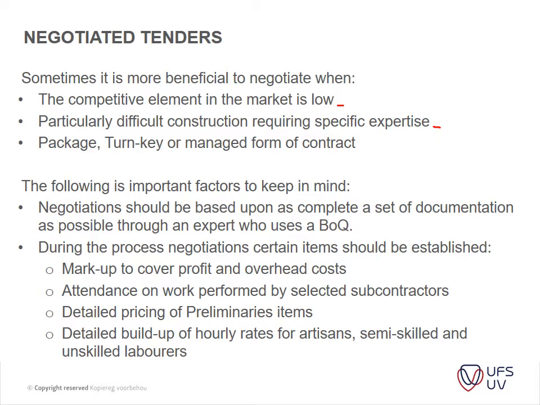Some types of contracts that you get are package contracts, or turnkey, or management contracts. This is usually where it's very specialized, and you have contracts where the contractor has to do the design and the installation. For instance, a project that we were involved in is the funicular, the cable car or the little tram that we take up Table Mountain, for instance.